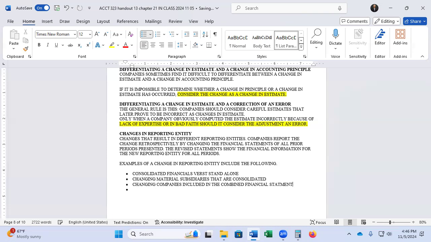Changing companies included in the combined financial statements. And then changing the cost, equity, or consolidation method of accounting for subsidiaries and investments.